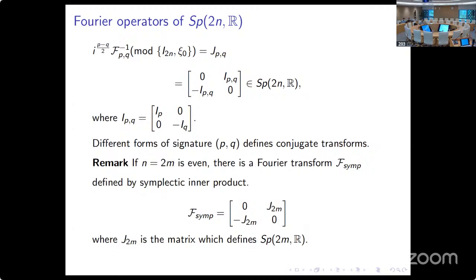When it acts on the particular representation called the oscillating representation, it exactly gives the Fourier transform as we just defined in the previous slides. Let me recall.